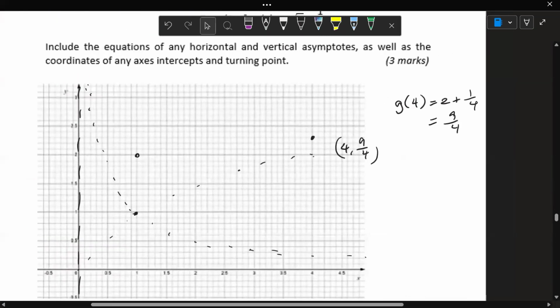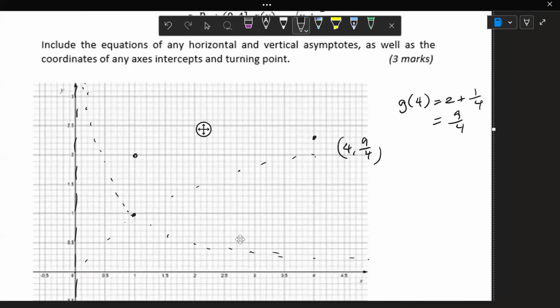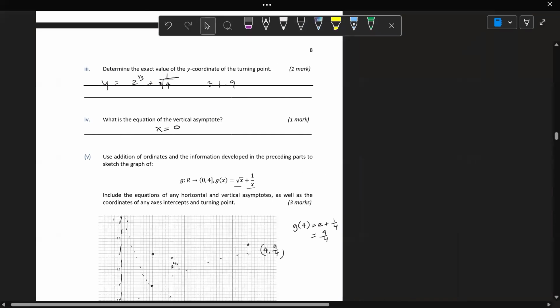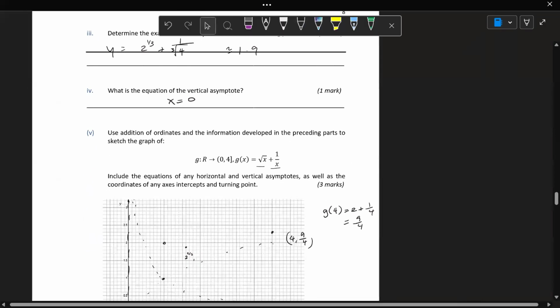So the turning point is about here. So this is the turning point, 2 to the power 2 over 3, and 2 to the power 1 over 3.